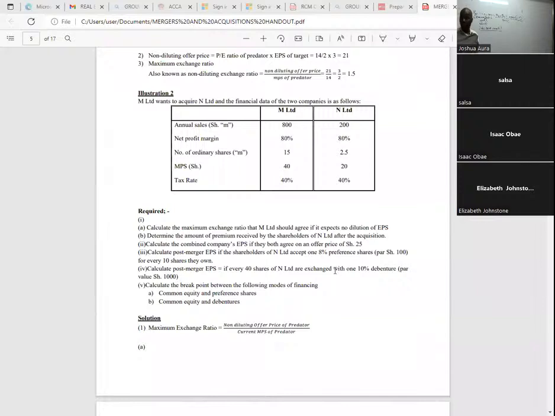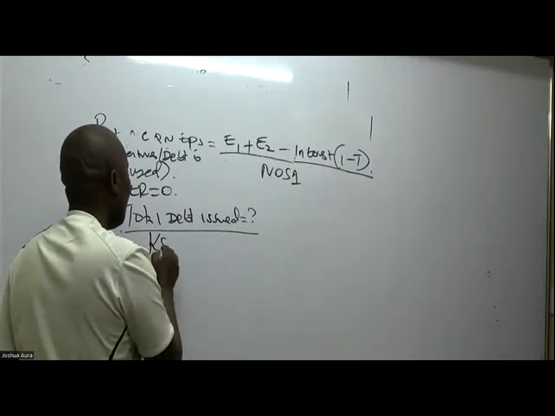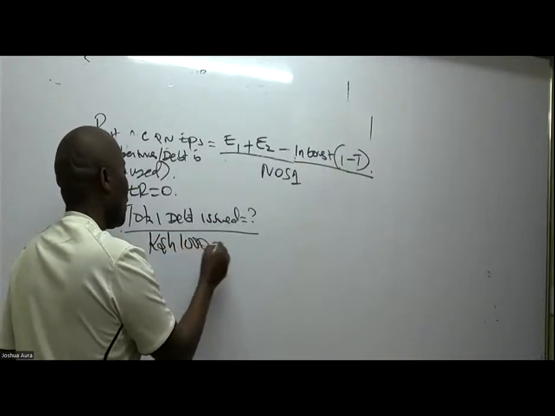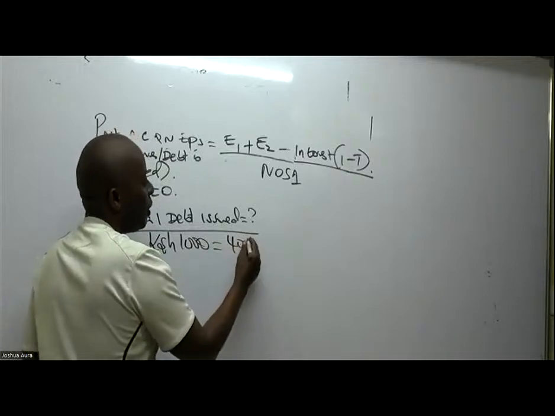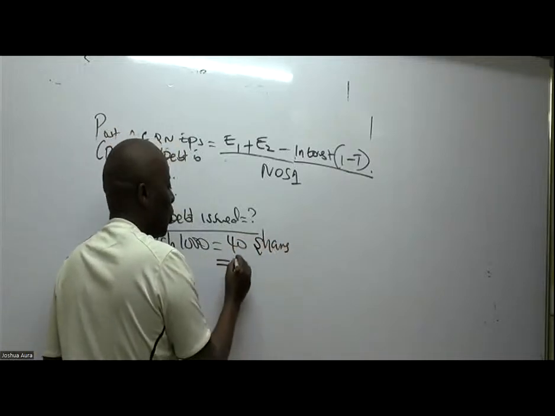We are told to calculate post-merger EPS if every 40 shares of N Limited are exchanged with 10% debenture. Debenture is debt. So for every 1,000 we give out, we shall be given 40 shares. So for debt of Kenya shillings 1,000, we have 40 shares. Remember, this is a complete acquisition.